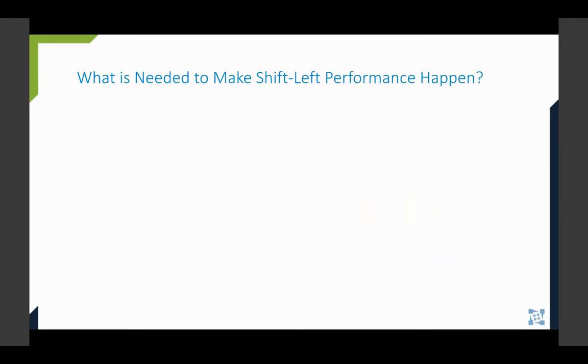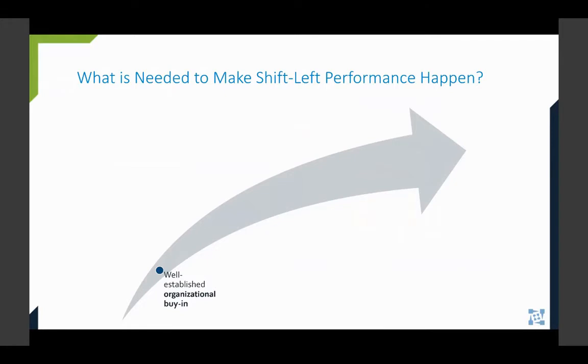So what does it take to achieve shift left performance testing in your organization? As is true with any organizational change, the stakeholders and leadership have to be behind this new paradigm, as this could likely be a total organizational change.